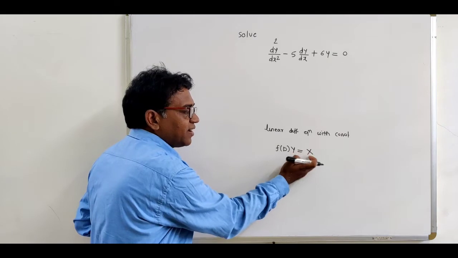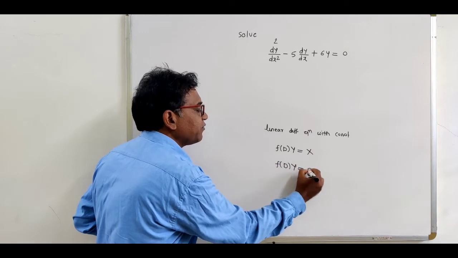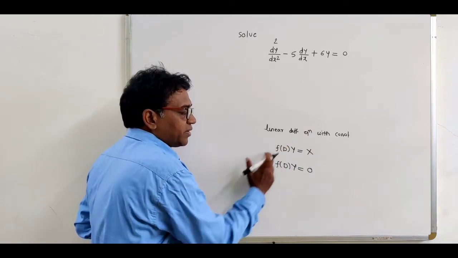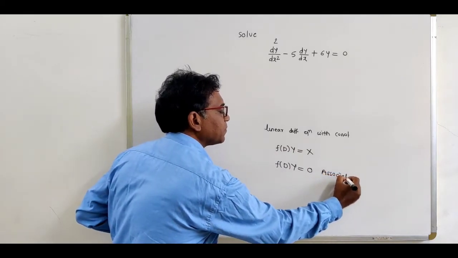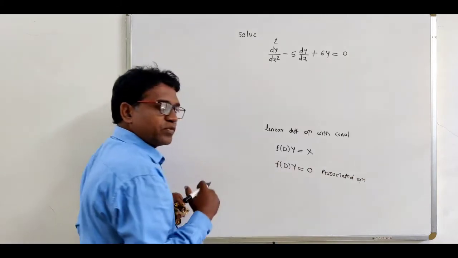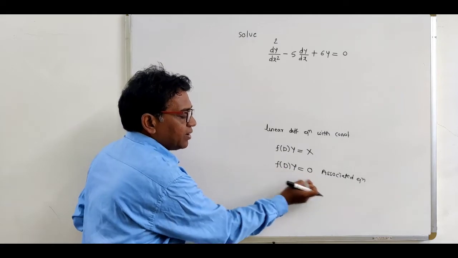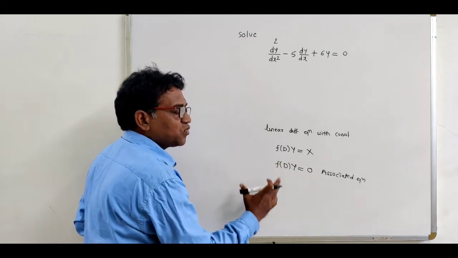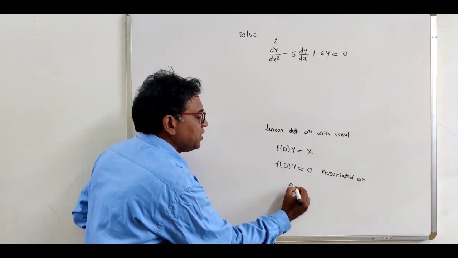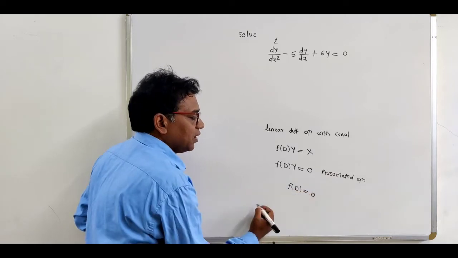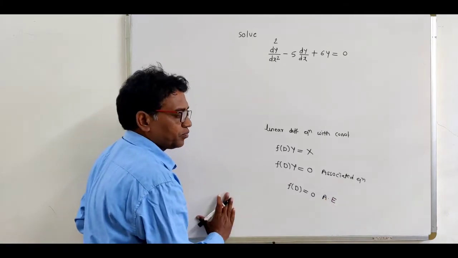If the right hand side is 0, for example f(D)y equals 0, then this type of differential equation is called the associated equation. What is the definition of the associated equation? A differential equation of the form f(D)y equals 0. And if we just equate the differential term f(D) to 0, then such an equation is called the auxiliary equation.